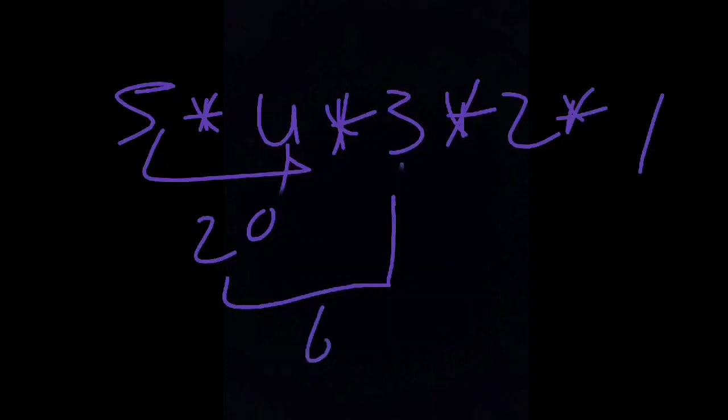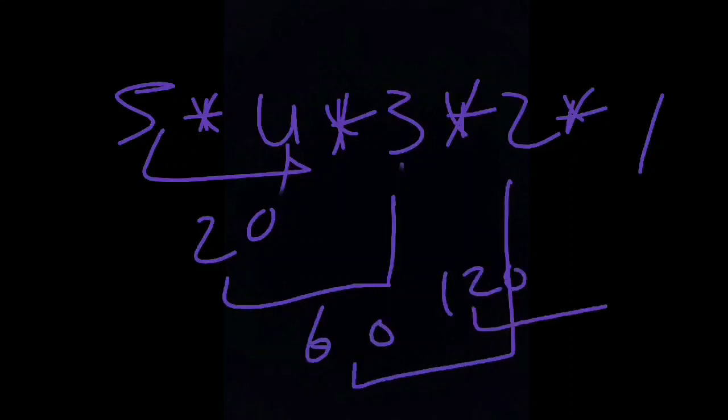So 5 4s are 20, and 20 into 3 is 60, and 60 into 2 is 120, and 120 into 1 is obviously 120. So guys, this is it. 120 is the correct answer mathematically, and we are getting it programmatically also.